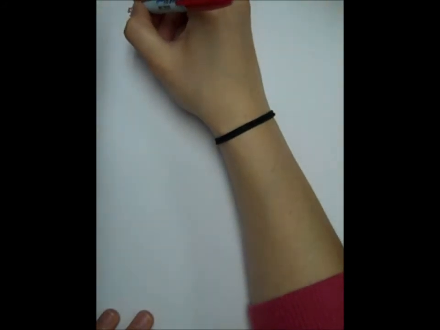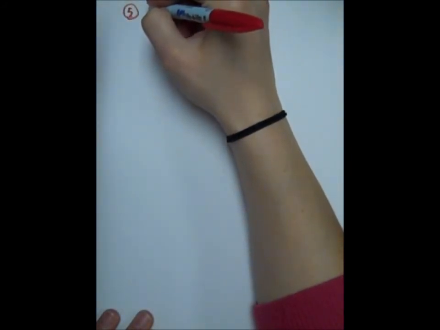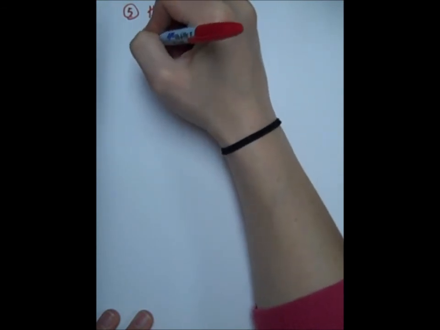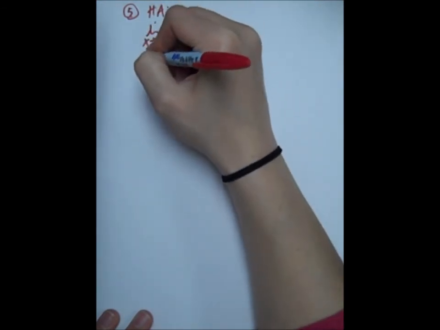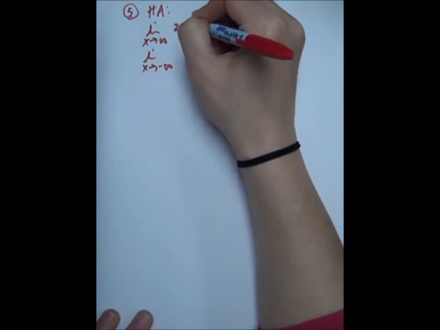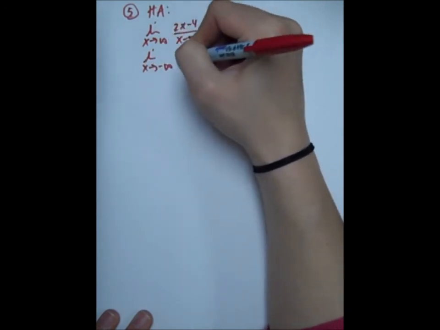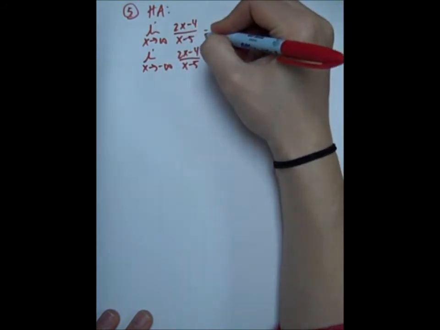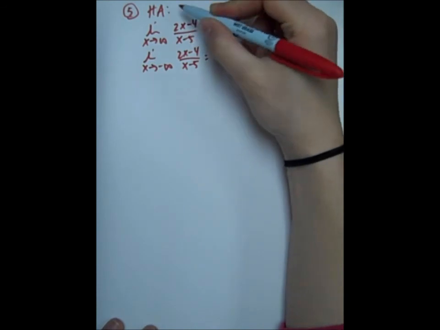Next thing I'm going to look at is horizontal asymptotes or long-term behavior. For that I've got two limits. I've got to look towards infinity, and I've got to look towards negative infinity. My function was (2x minus 4) over (x minus 5). So let's start with the first one.